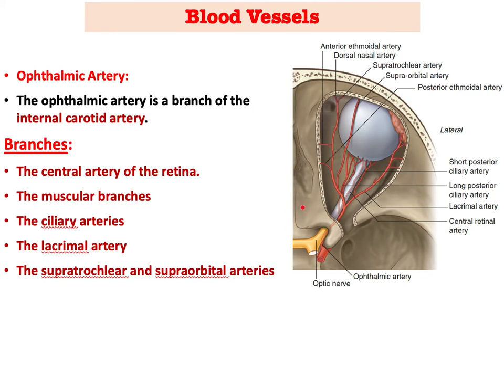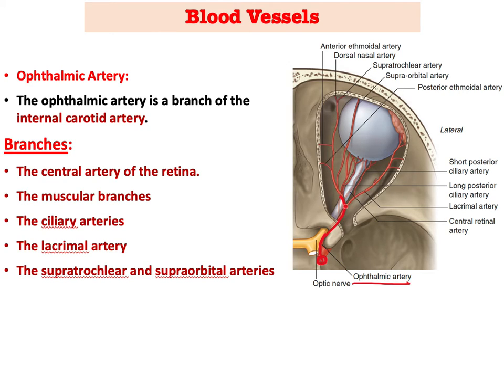Now, blood vessels, sorry, in the orbit. Well, it is obviously known that the ophthalmic artery is the chief artery there, which is a branch of the internal carotid artery that passes at first lateral and inferior to the optic nerve, then it twists to become superior to it.